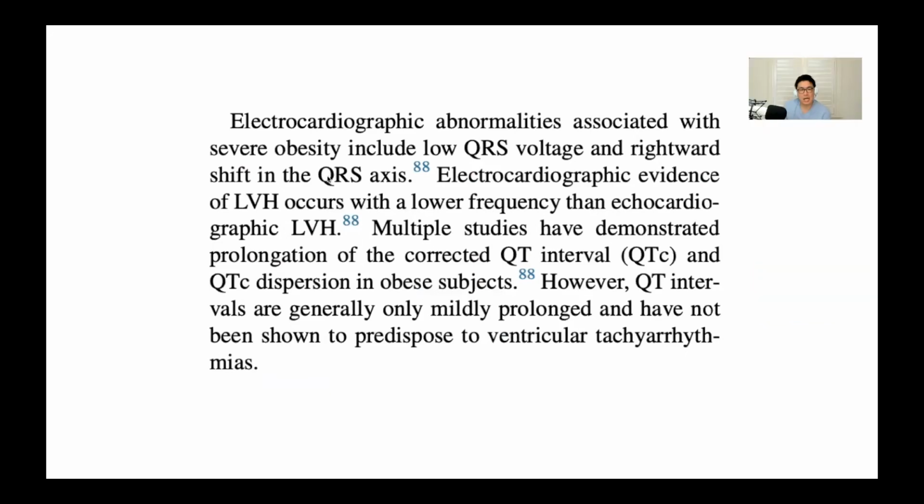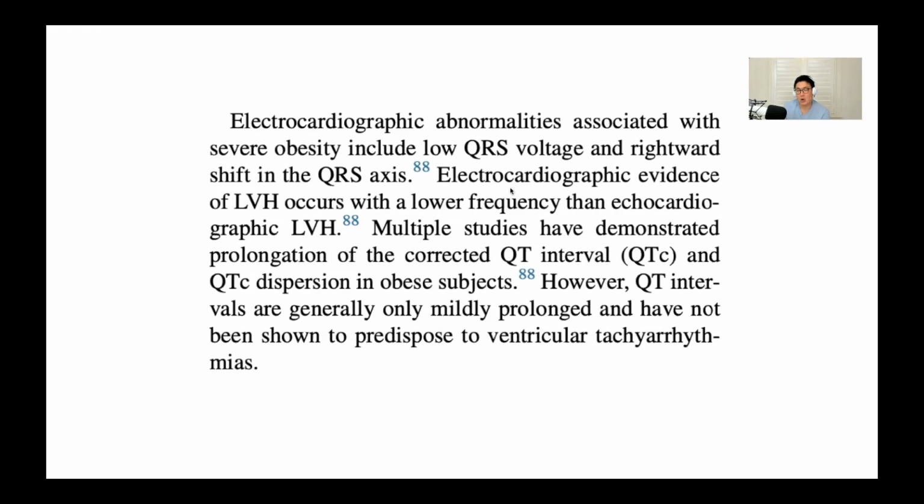This was from one of the journal articles, which summarized what the ECG changes are. Now, the ECG abnormalities associated with severe obesity include low QRS voltage, and that should make sense because of the increase in adipose tissue, so the distance between the skin and the heart. You get low QRS voltages and rightward shift in the QRS axis, and the rightward shift occurs due to right ventricular hypertrophy.